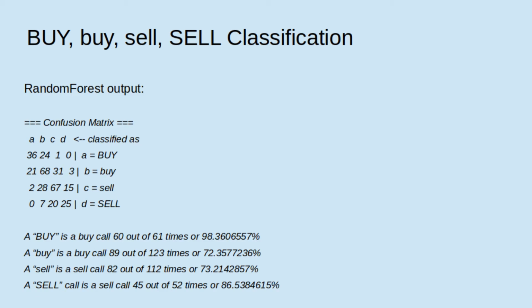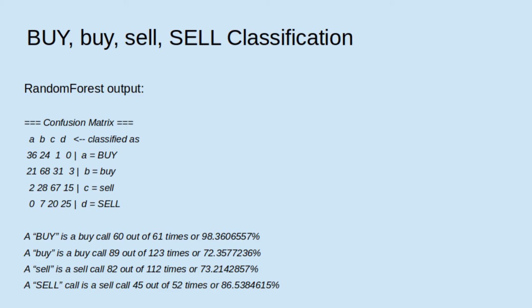In this case, we have 61 buys in our capital buy out of 61 calls, which gives us a 98% correct call for a buy. Not a capital buy, but all buys. Likewise, the small buy is a combination of its incorrectly called strong buy with its small buy, divided by the total sum for all the buy calls.